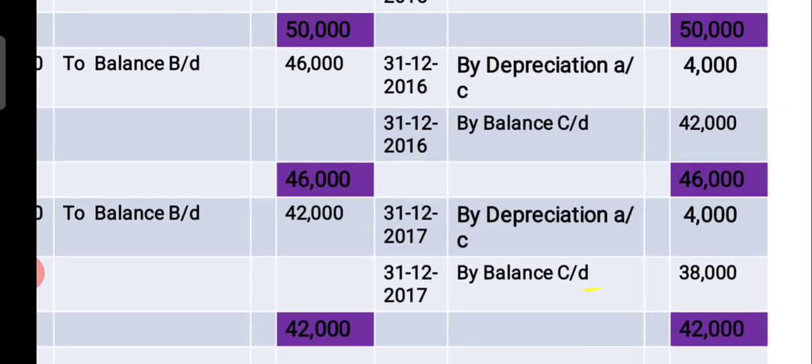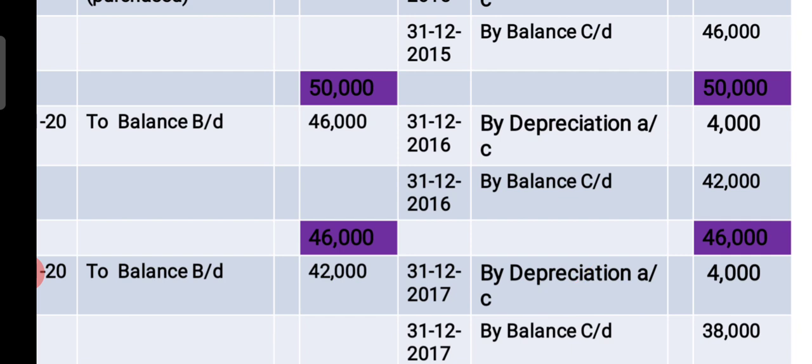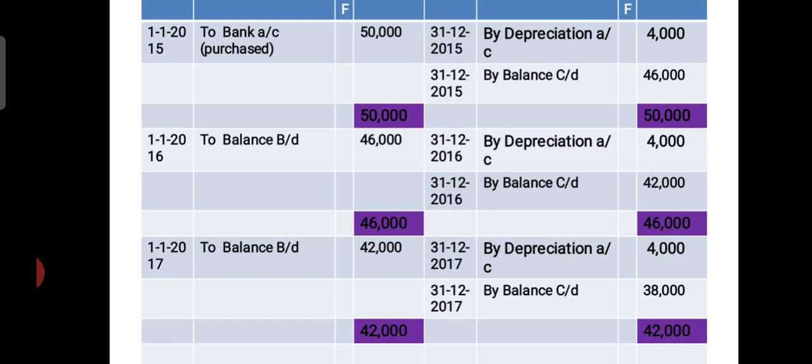And at the end of the year, 31st December 2017, on the credit side in the particulars column, by depreciation account rupees 4,000. Again we need to find out the closing balance. From 42,000 if we deduct 4,000, we will get 38,000, that is the closing balance of the asset on 31st December 2017. And again this balance we show in the next year as opening balance.